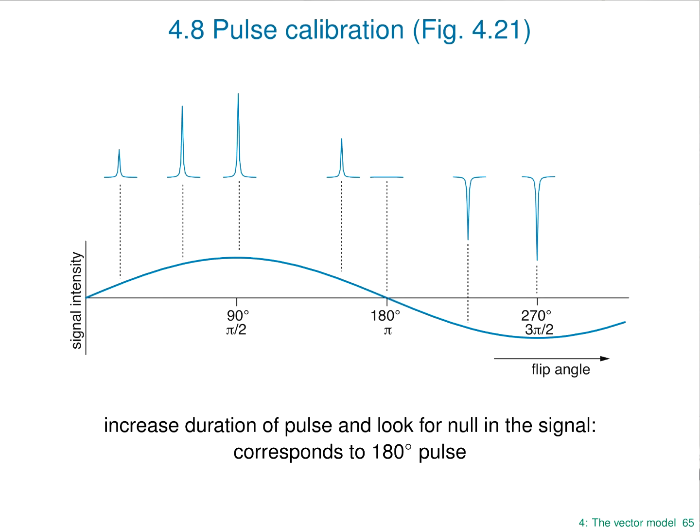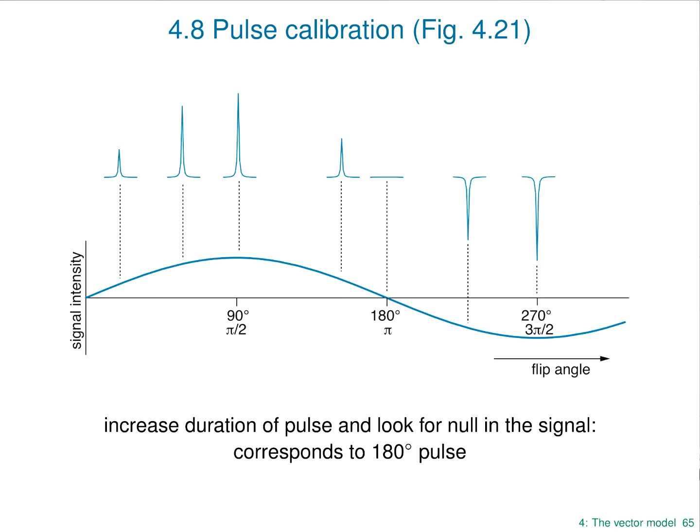That's because if you start on plus Z and you go down to minus Z, there's no transverse component to detect. And if you go beyond 180 degrees, you'll see a negative signal because you're generating plus Y rather than minus Y. And in fact, the normal procedure is to increase the pulse length and look for the zero crossing at 180 degrees.